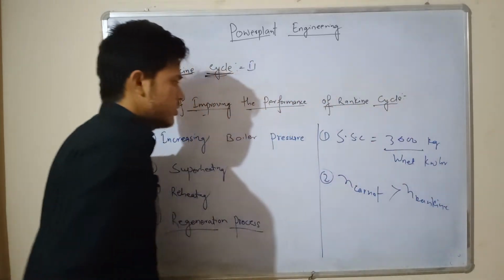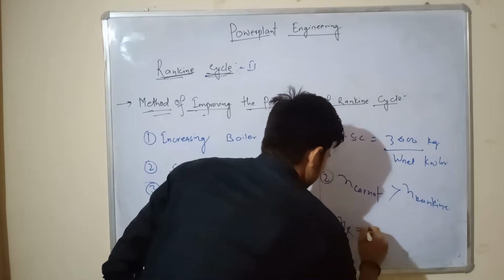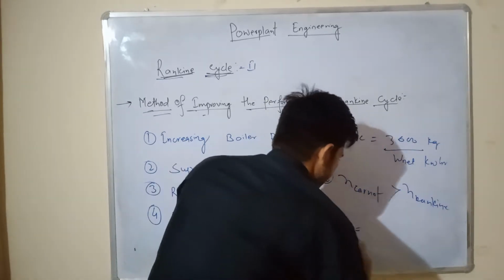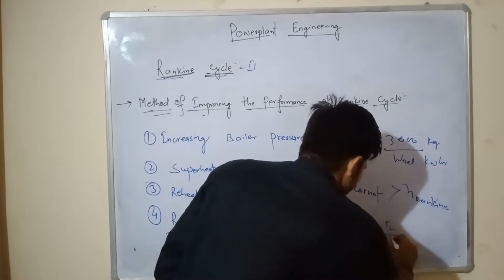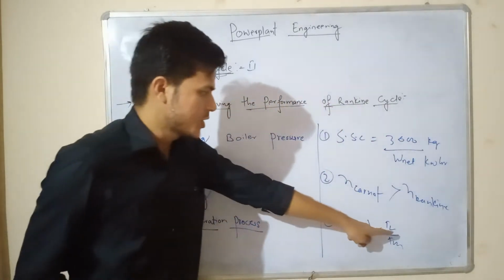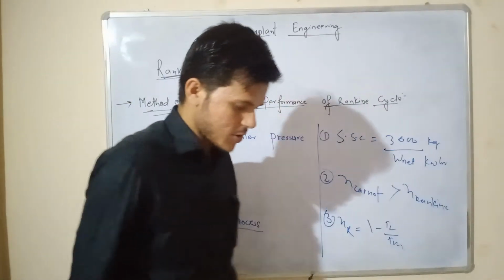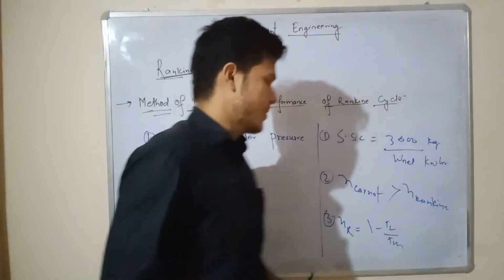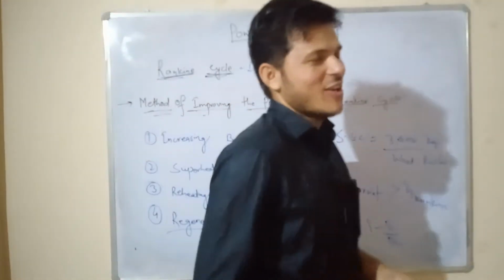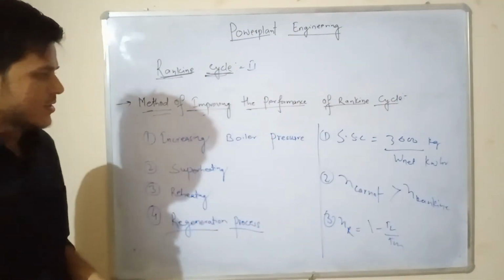Now the third one: the efficiency of Rankine is 1 minus TL by TM, where TL is the lowest temperature and TM is the mean temperature. Why we take the mean temperature, I already explained in the last classes, but it was in Nepali. If I get free time, I will explain that topic in English also.